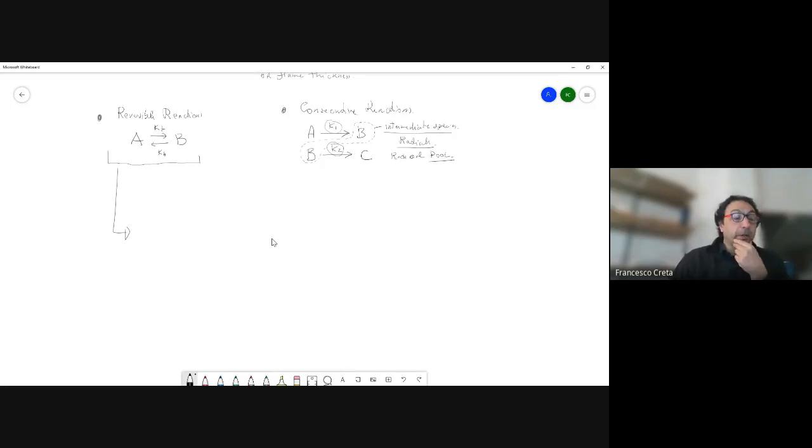If we remember that in general, this is what you always have to apply: the rate of change of the molar concentration. You just multiply the difference of the stoichiometric coefficients for this species times the reaction rate, and the reaction rate is essentially the forward reaction minus the backward reaction.